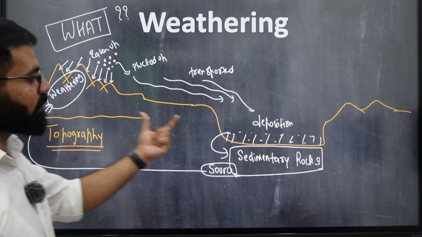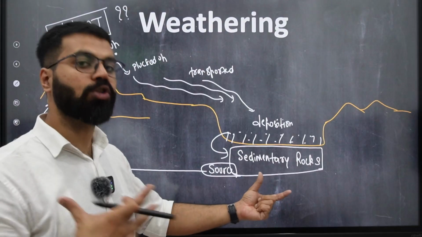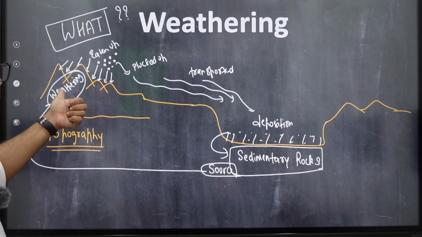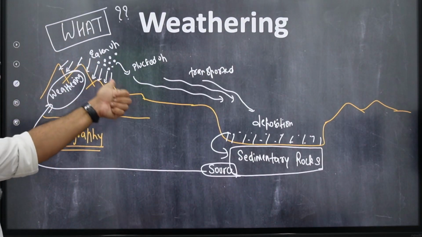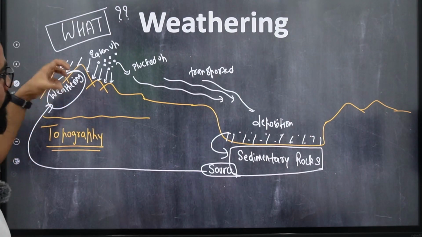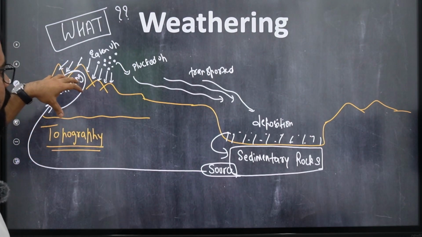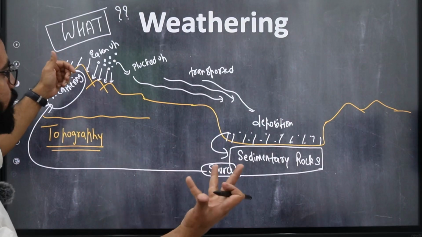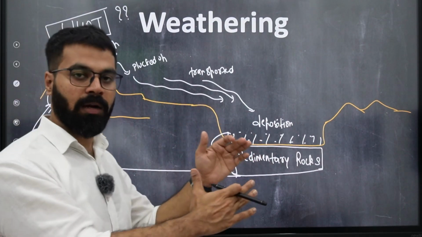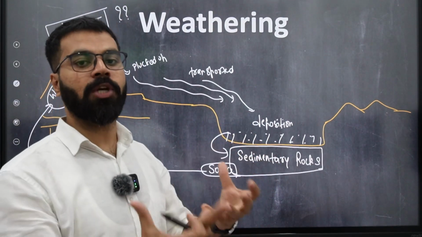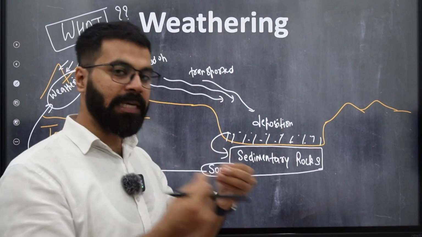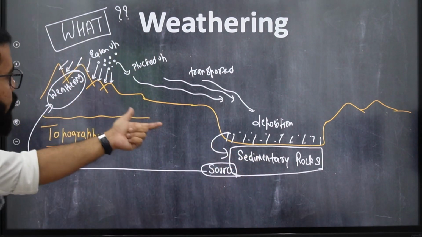The source material is this. Whatever the material of these hills and mountains or this crustal material, it is being broken into pieces via various processes and generating some material. This material is now being transported.